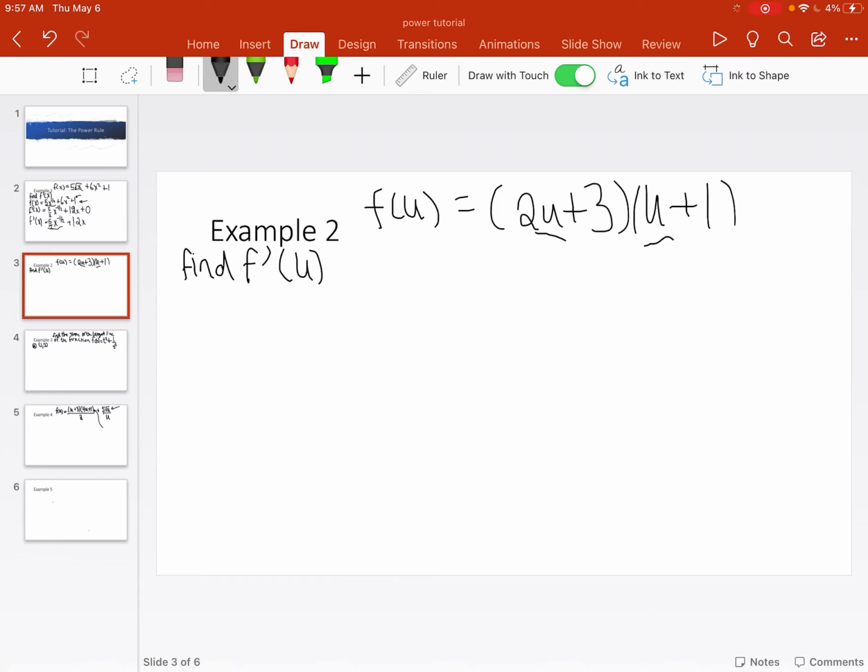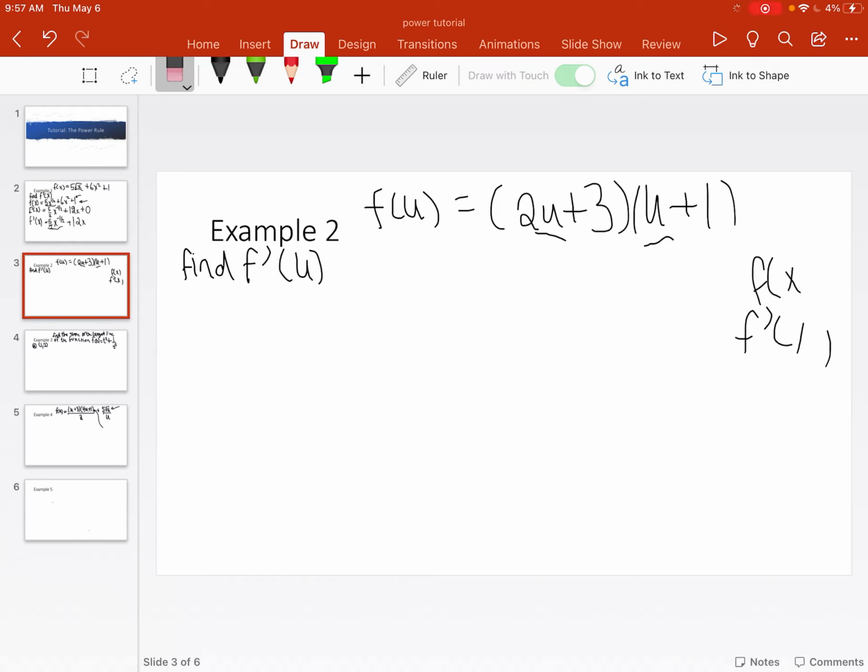Since we're given a function of u and we're asked to find the derivative with respect to u, this is no different than when we take the derivative of some function f of x with respect to x, right?